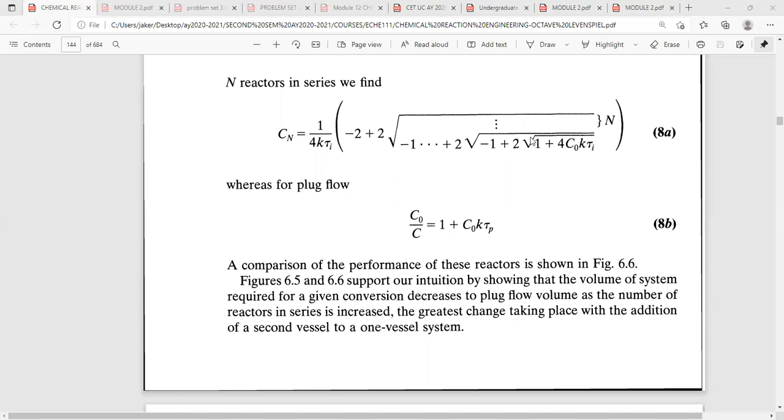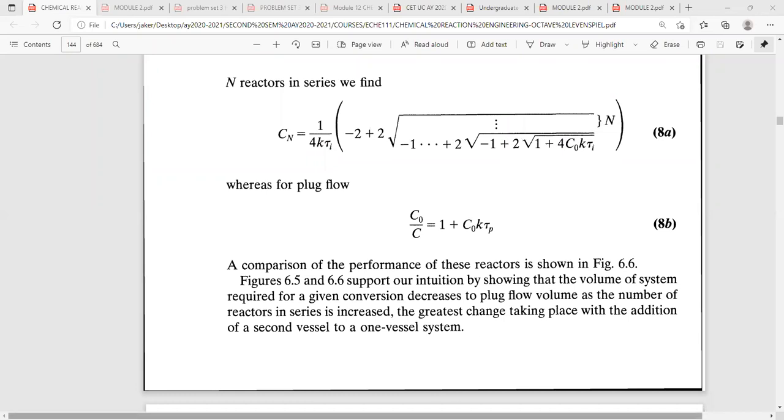The last radical, which is 1 plus 4 C sub O K tau I, is not counted.